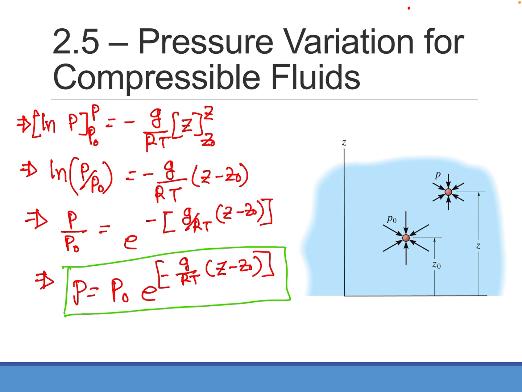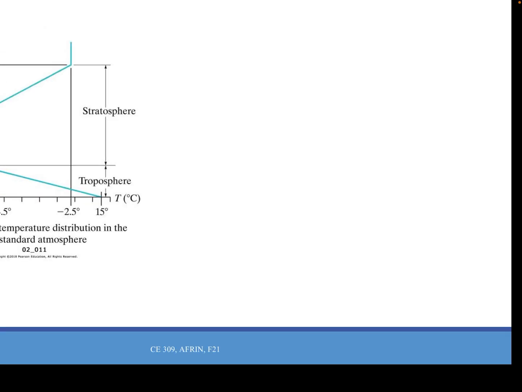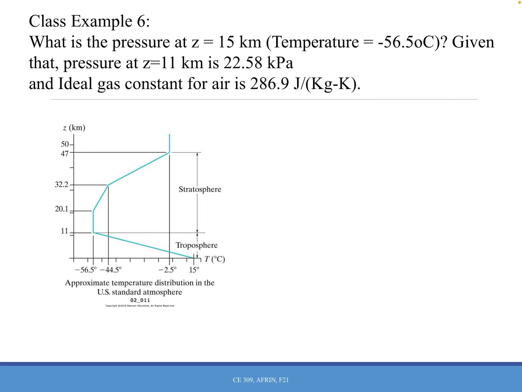Class example 6, you can find that in Canvas here. Class example 6 says that for the US, this is a picture of the standard atmosphere with the temperature, and you can see that at different levels the temperature is different.